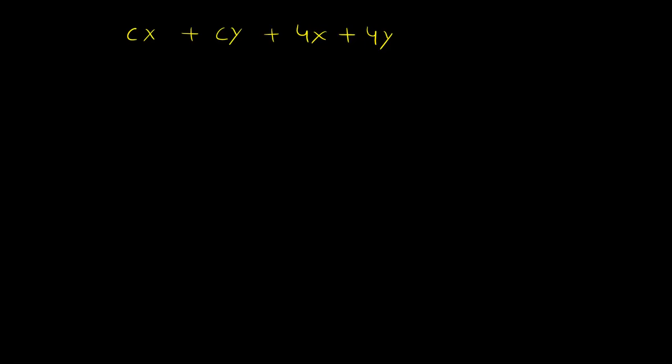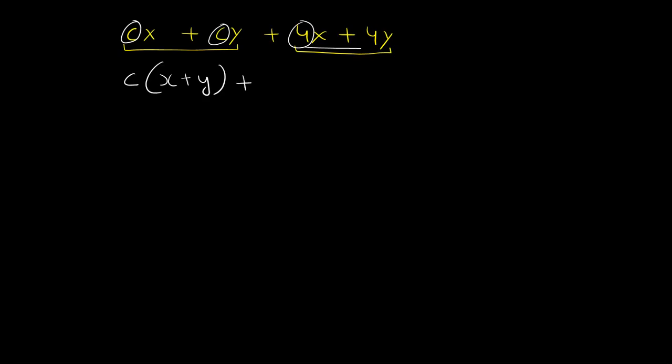That's our first step. This is the first term and this is the second term, and we can see that c is common in the first term, so we will write that c, and we get inside x plus y, and in the second term we see 4 is common, a positive 4, inside comes x plus y, and now we have our parenthesis form.